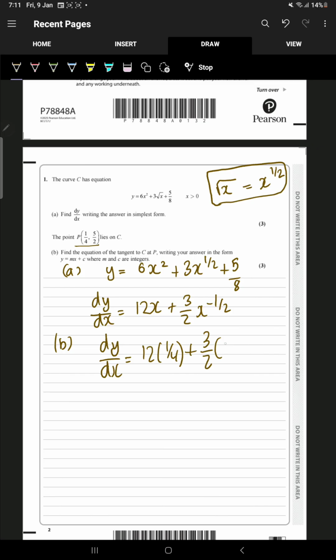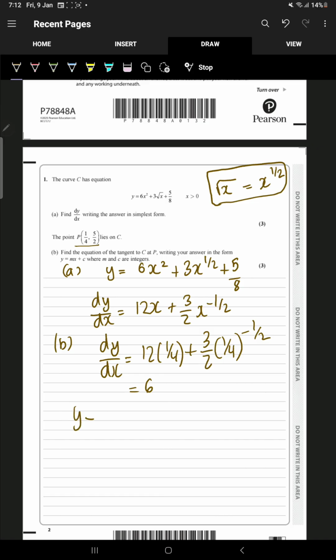So 12 times 1 over 4, plus 3 over 2 times 1 over 4 to the power of minus a half. This is going to give us 6.